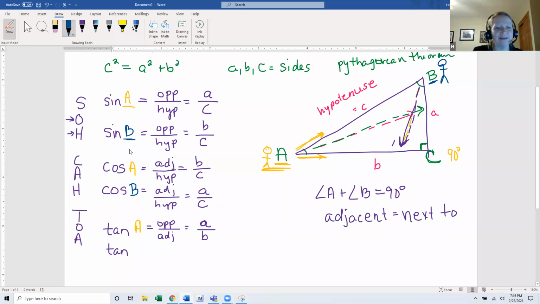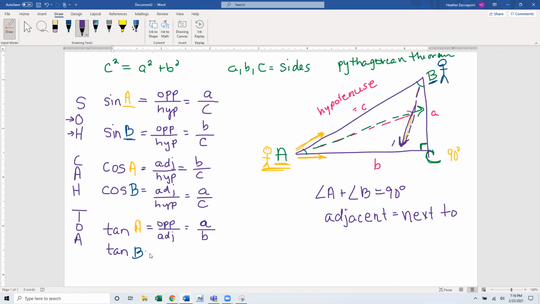All right, let's do it. So tangent B, now we're up here from the perspective of angle B, has the same roadmap. It's the opposite over adjacent, but we change our perspective.